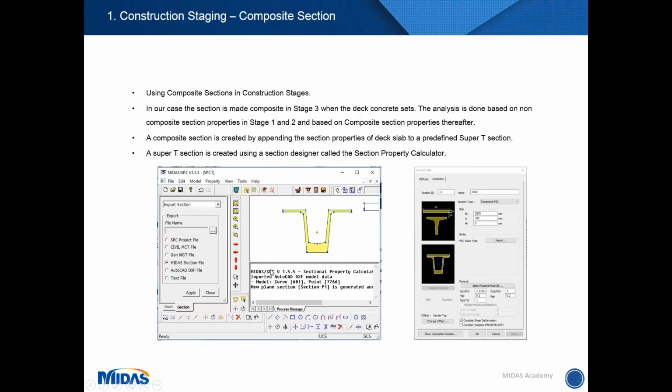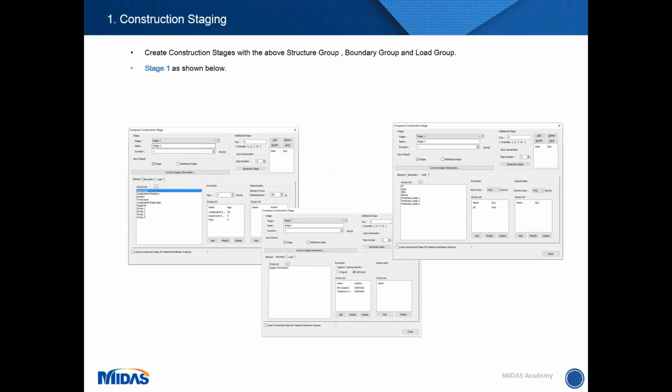I'll also show you how we create an arbitrary section using the section property calculator in Midas, and how the non-composite section is converted to a composite section using the composite sections tool, and then how we set up the construction stages.